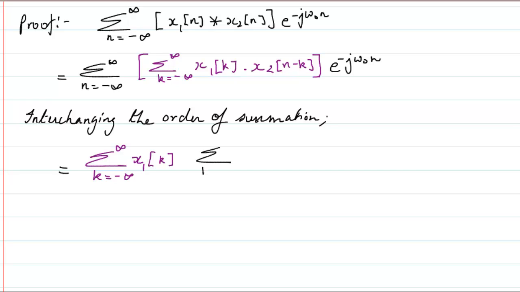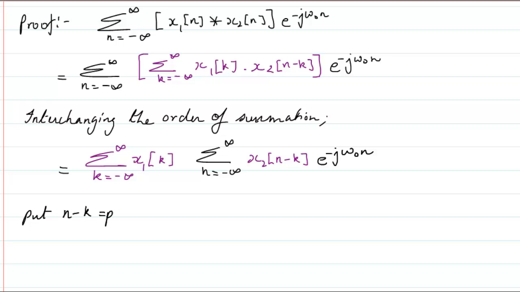So summation n is equal to minus infinity to infinity, and then the remaining function x2 of n minus k e raised to power minus j omega naught n. Okay, now we will put n minus k as a new variable p.